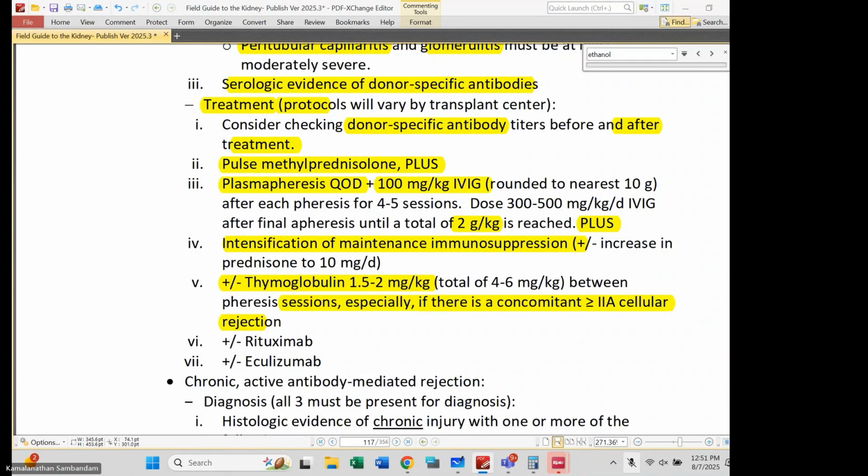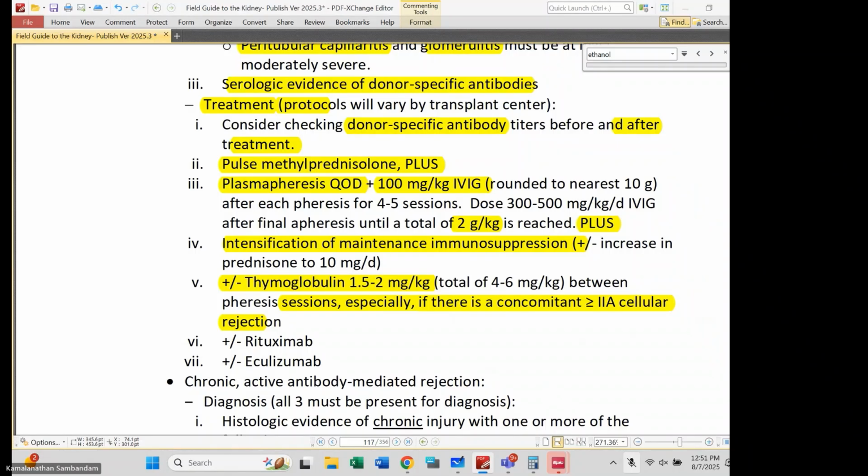Now that makes for even more complexity as you're thinking about pheresis, right? Pheresis every other day. When do I sneak my thymo in? I don't want to give thymo and then freeze it off, right? So it makes for often a long and puzzling strategy of, well, pheresis today, IVIG that day, thymo later.